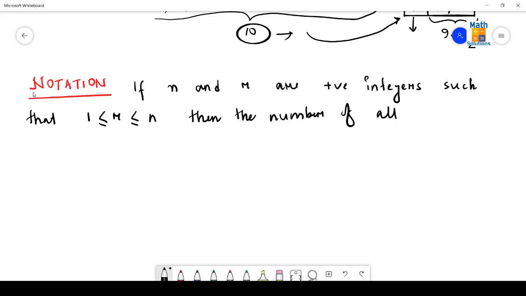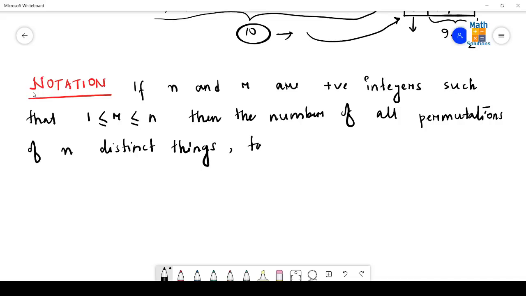In my very first video I already explained this. Arrangements actually refer to permutations. All permutations of n distinct things taken r at a time. Taken means out of n distinct things we have to take r at a time.